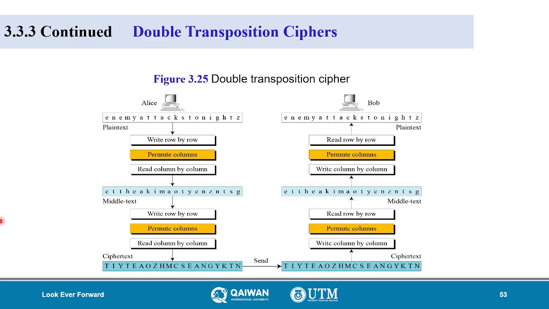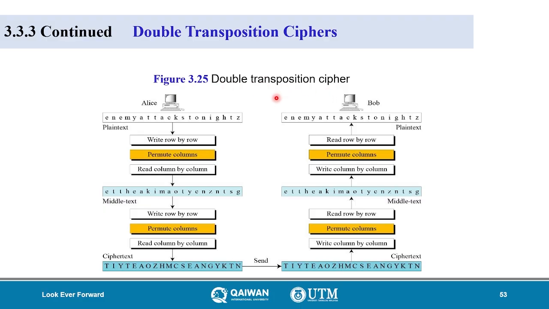Now this would be the middle text. Then again, write this row by row, then permute the columns, then read column by column again, and the ciphertext. Then this would be your final ciphertext. Now this would be called a double transposition cipher.